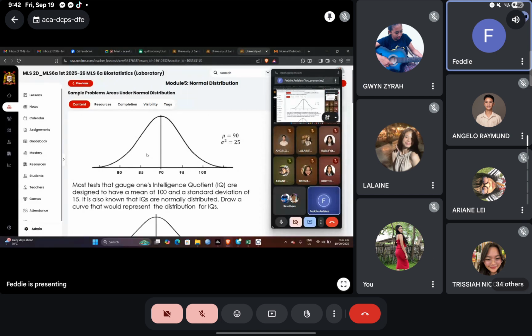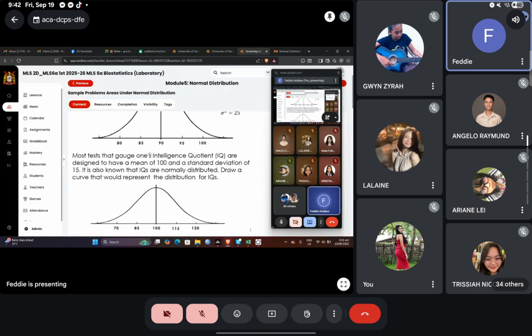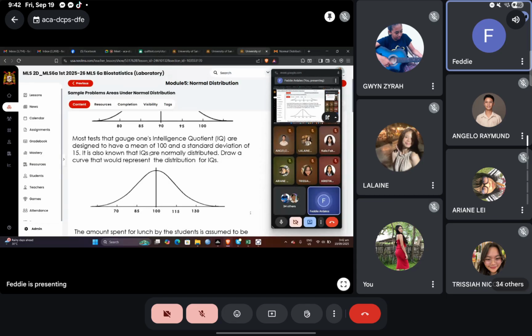Now, say for example, we have this example here. Most tests that gauge one's intelligence quotient, or IQ, are designed to have a mean of 100 and a standard deviation of 15. It is also known that IQs are normally distributed. Draw the curve that would represent the distribution for IQ. Take note, the mean is 100 and the standard deviation is 15.